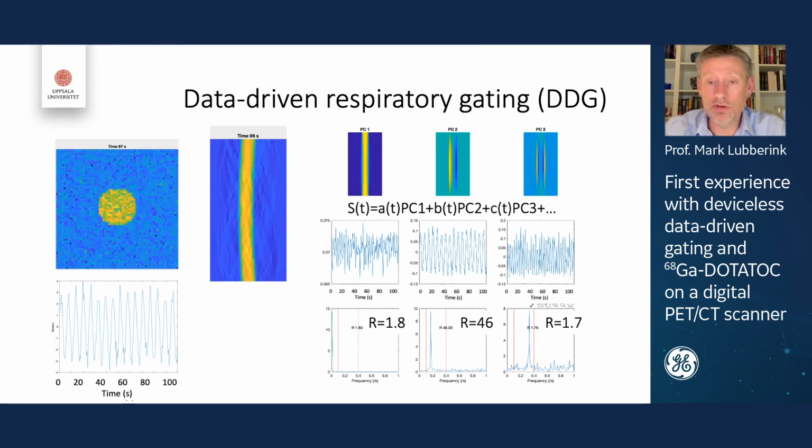So respiratory motion is assumed to be in the range of between 0.1 and 0.4 Hertz, which corresponds to 1 respiratory cycle every 2.5 to 10 seconds. And as you can see here, it's of course principal component 2 that most likely describes the respiratory motion.